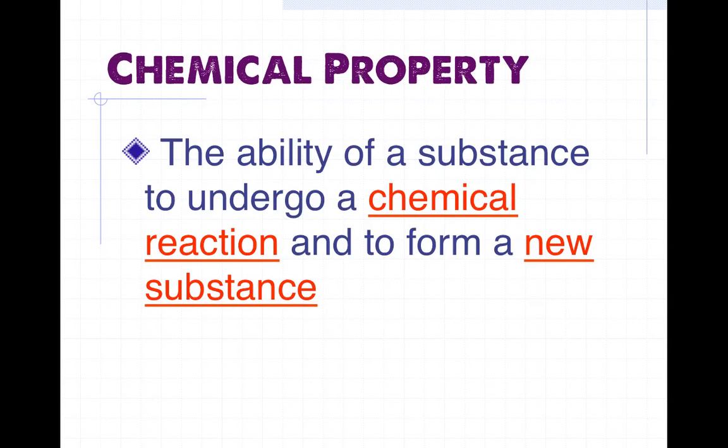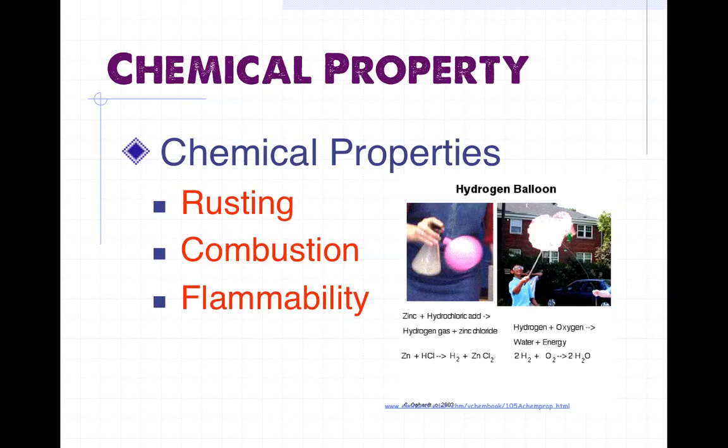Okay, and so a chemical property would be any property that is going to create a new substance, or the ability of a substance to make another one through a chemical reaction. So here are some chemical properties. Rusting: rusting is making a new substance because it is combining with oxygen to create a new substance.